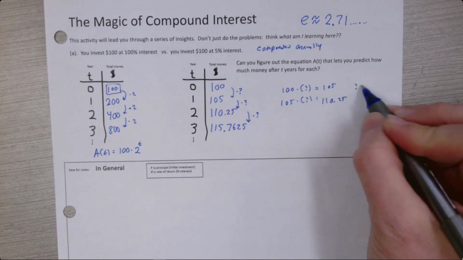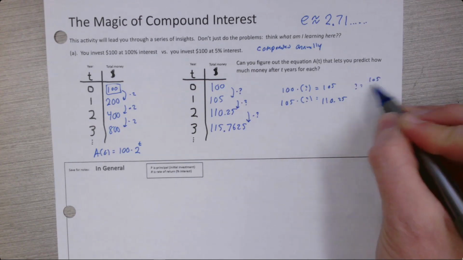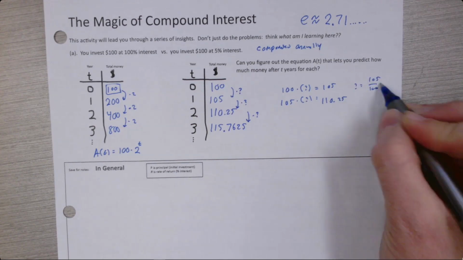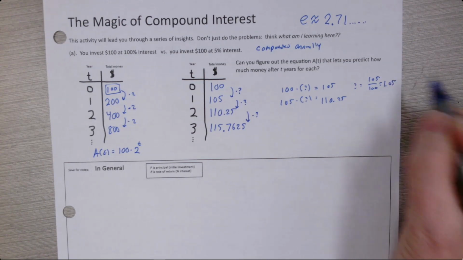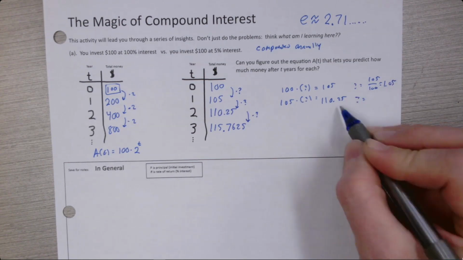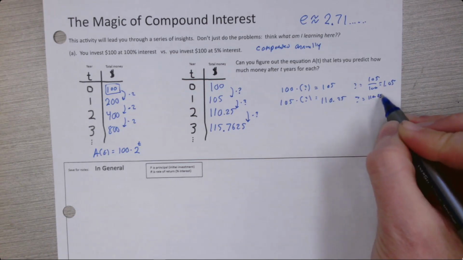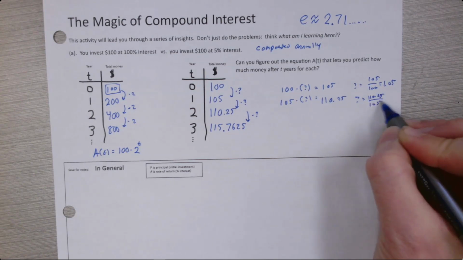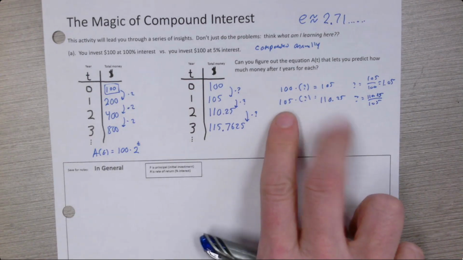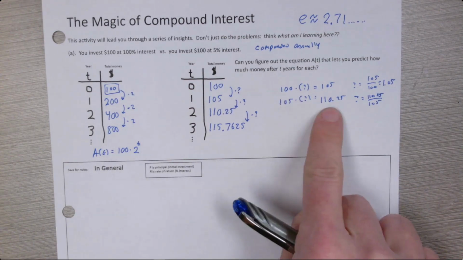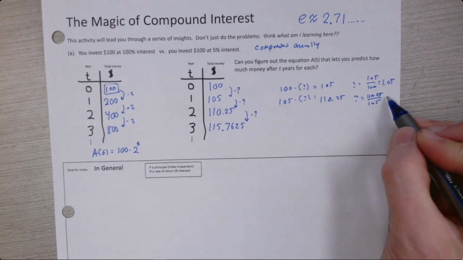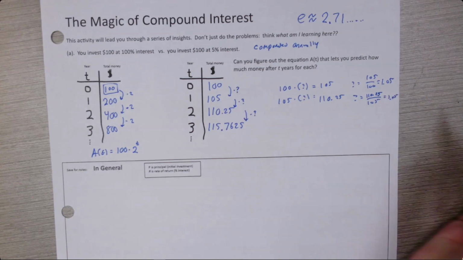So what's question mark? Question mark is going to be 105 over 100, which is just 1.05. Or it should also be equal to 110.25 divided by 105, because I'm just using algebra here. I'm dividing by the 105 to isolate the question mark. And this also, if you plug it into your calculator, is 1.05.